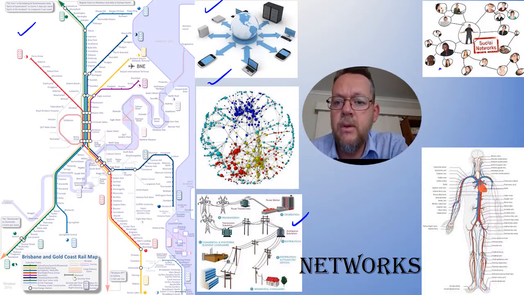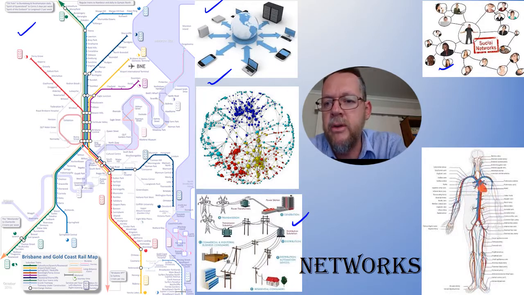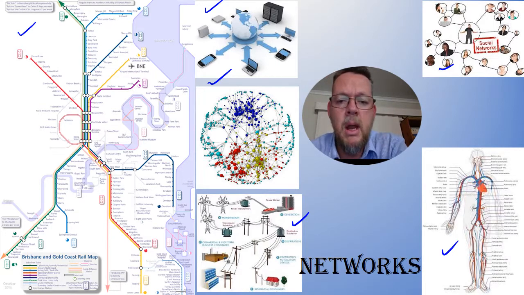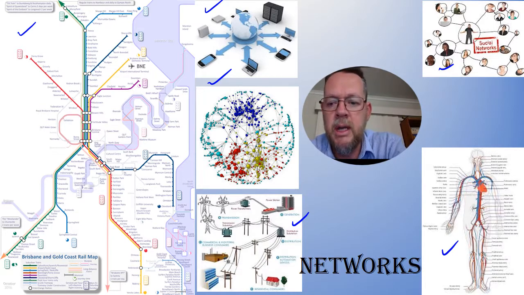We also have Facebook, if you're an old person like me, or you might have some other sort of social network that you're going to be using. And you also know that, for example, your blood is networked around your body through the circulatory system. So we're familiar with networks, but we may not have seen them expressed in this way.